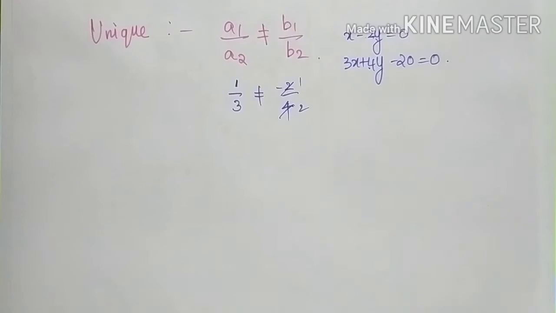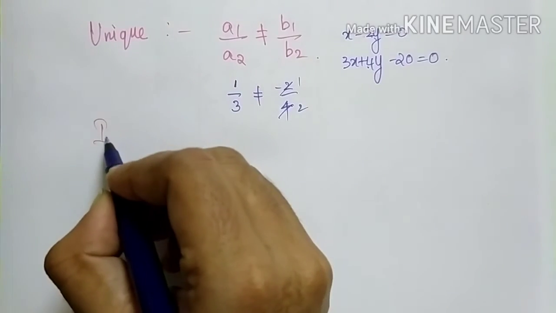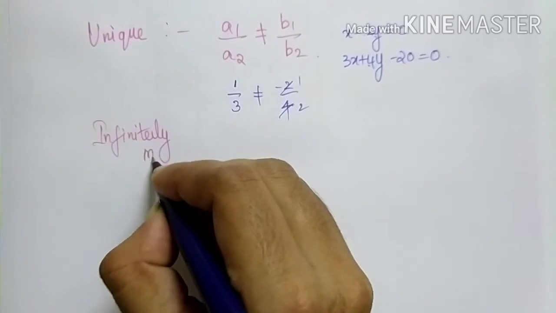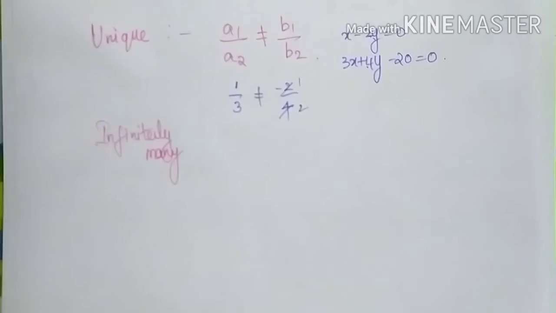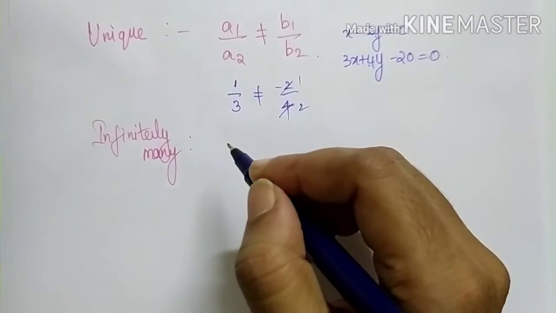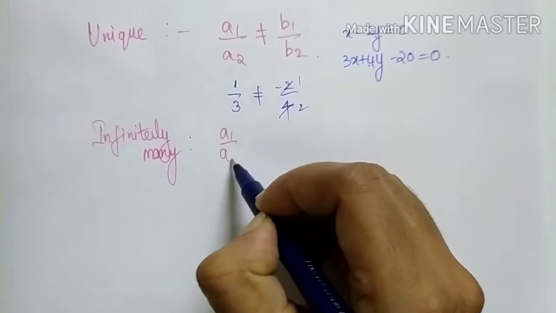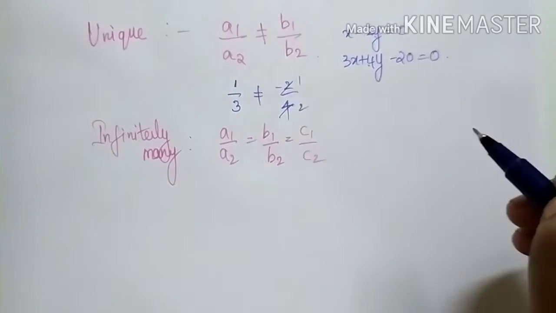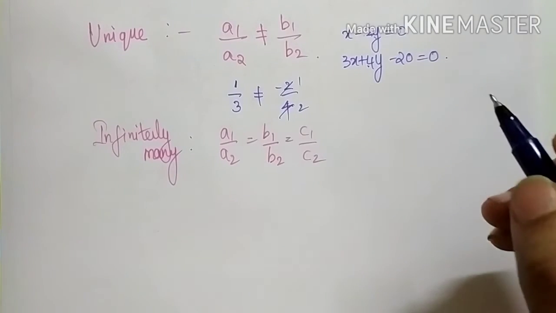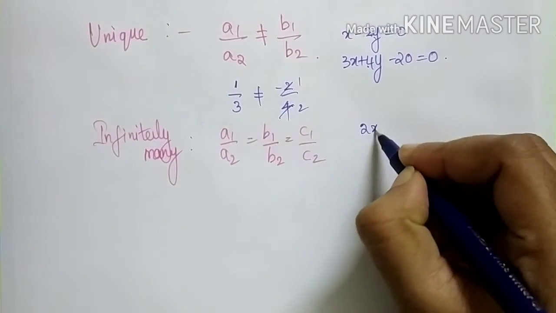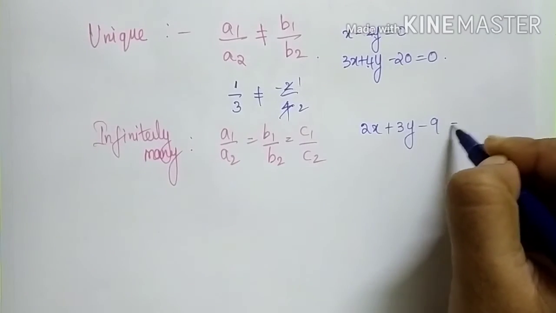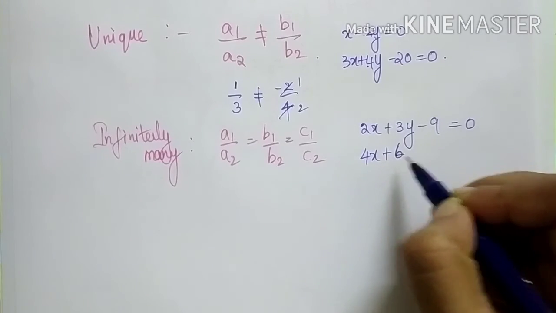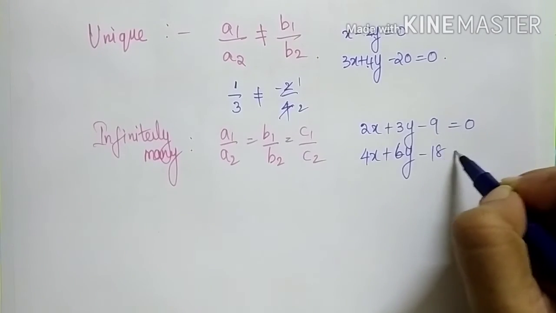Next, infinitely many solutions. In that case, the condition is a1 by a2 is equal to b1 by b2, which is equal to c1 by c2. For this, we will consider an example: 2x plus 3y minus 9 is equal to 0 and 4x plus 6y minus 18 is equal to 0.